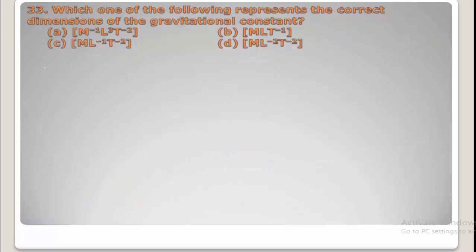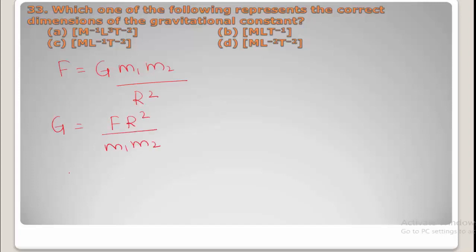Which one of the following represents the correct dimensions of the gravitational constant? We have to find the dimensional formula for the gravitational constant. So what is the formula for gravitation? Law of gravitation states that F is equal to G m1 m2 divided by r square. Here m1 m2 are the masses, r is the distance between them, G is the gravitational constant, F is the gravitational force. Now G becomes F r square divided by m1 m2, isn't it?